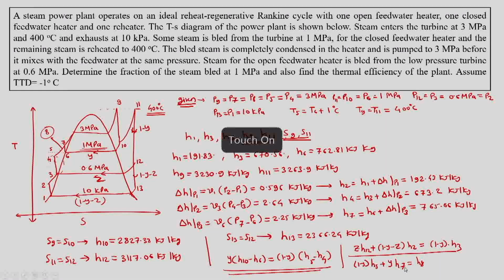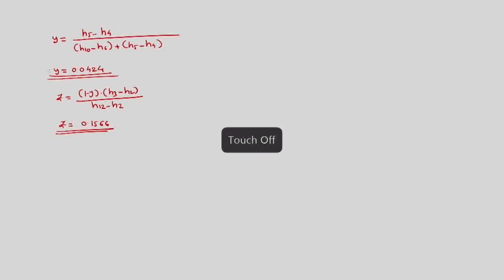So H8 is equal to Y into H7 plus 1 minus Y into H5, and we can get H8 is equal to 764.57 kilojoule per kg. And this is required for us to find out Q in.